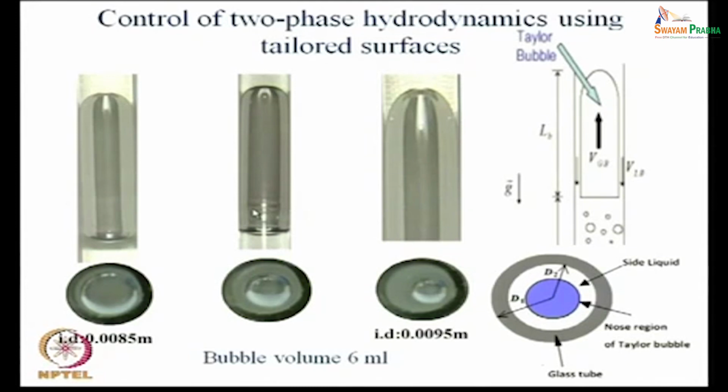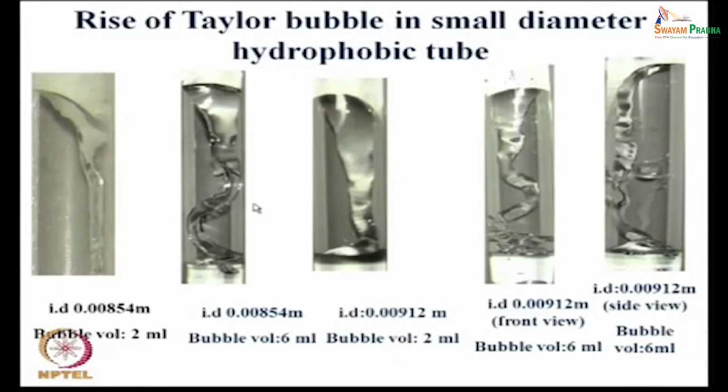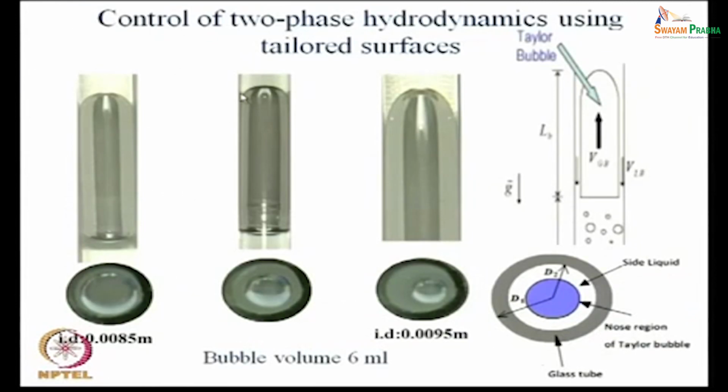Interestingly, when we performed the same experiment with the same pipe diameter in a hydrophobic tube, we found a completely different shape. Why? Because in the hydrophobic tube, the water was not able to wet the tube wall. So, it could not form the film which it forms in this particular case. So, if it does not form the film, how will it flow down?